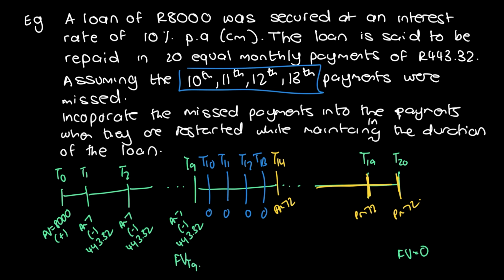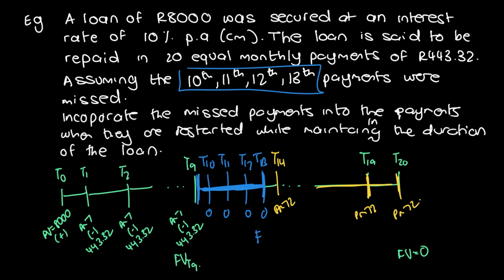Then we have from T9, and then T10, T11, T12, and T13, we have just a standard loan occurring with interest being made, but no payments are being made.